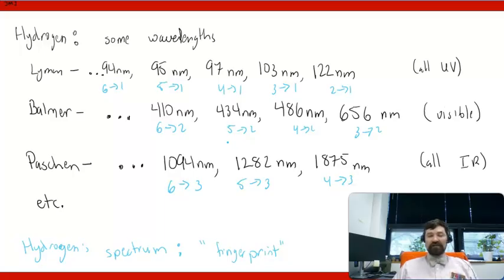So this is your hydrogen spectra, this is your hydrogen fingerprint. And then it became kind of important for things like the Bohr model of the atom, which predicted specific energy values, ergo specific wavelengths in the spectra, and those ended up matching pretty well with what we actually observe.